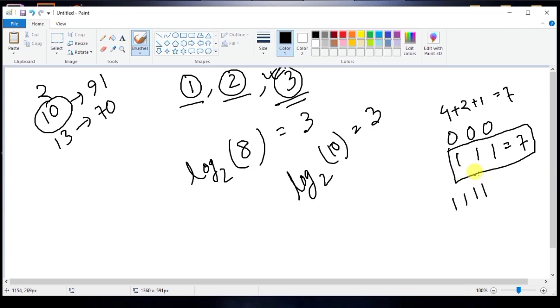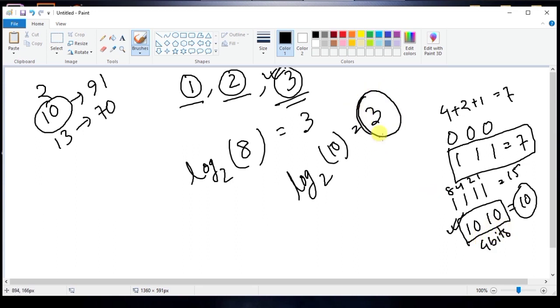The 4 bits represent 1 2 4 and 8, total of 15. And if we want to create 10, the sequence will be like this: 1 0 1 0, it is 10. So for representing 10 in binary form, we need at least 4 bits, but the answer we are getting is 3.